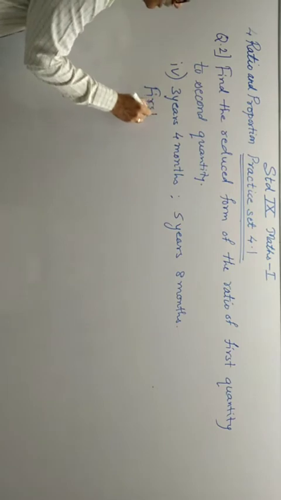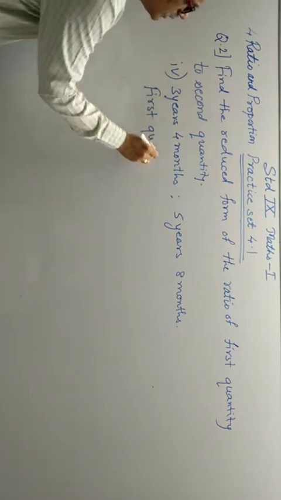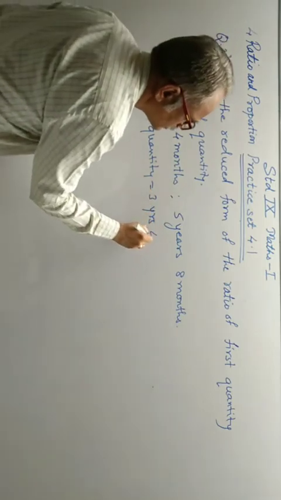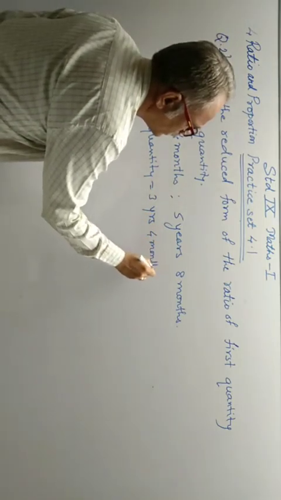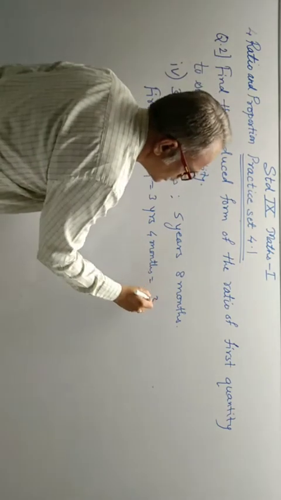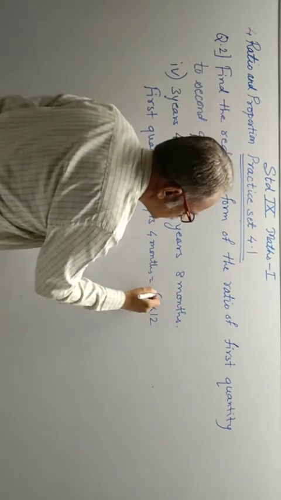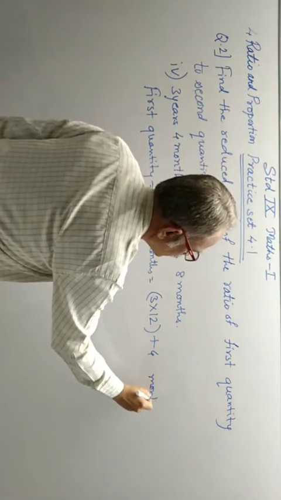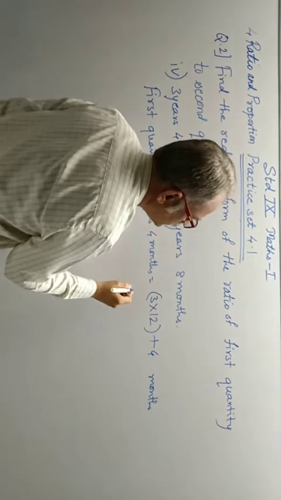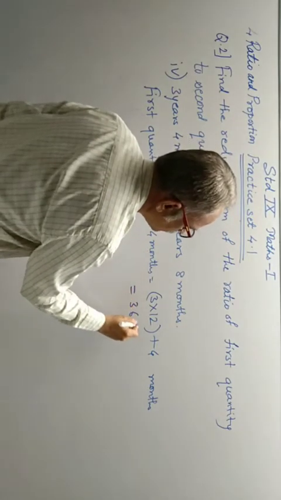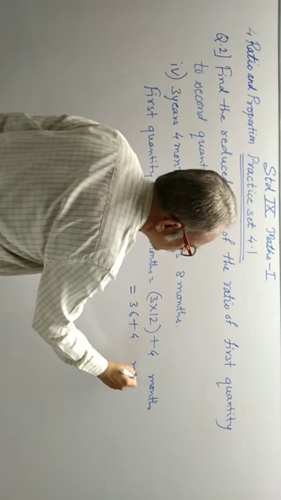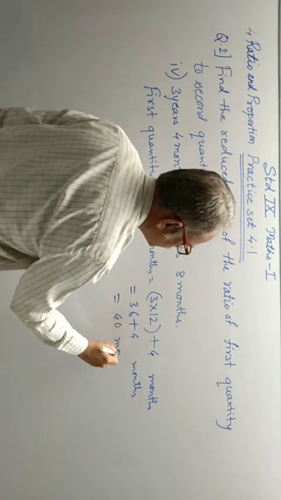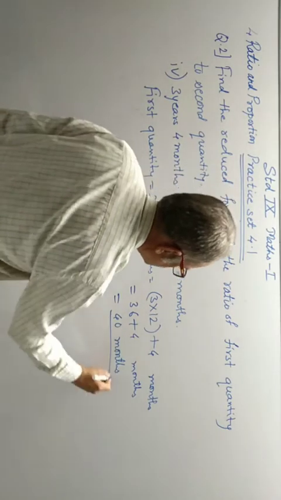First quantity, 3 years 4 months equals: convert years to months, 3 into 12 months plus the additional 4 months, both in months, equals 36 plus 4 months, which is 40 months. That is the first quantity in months.